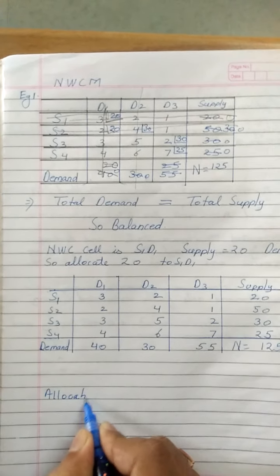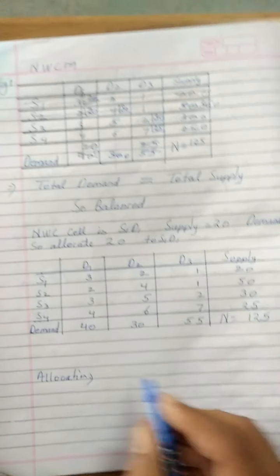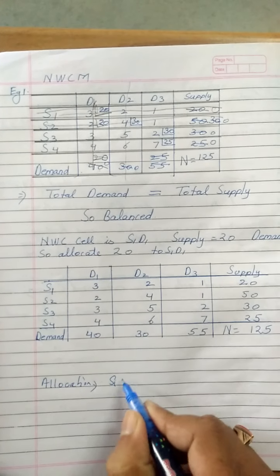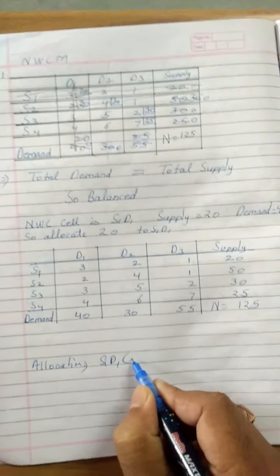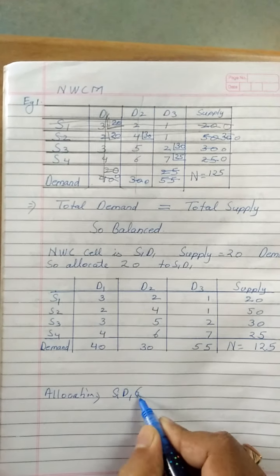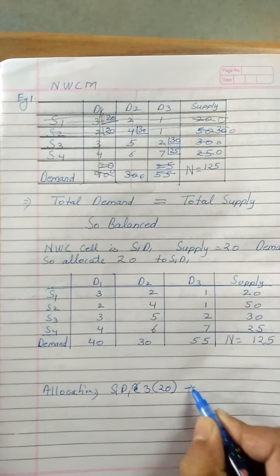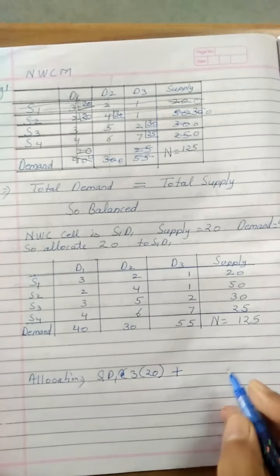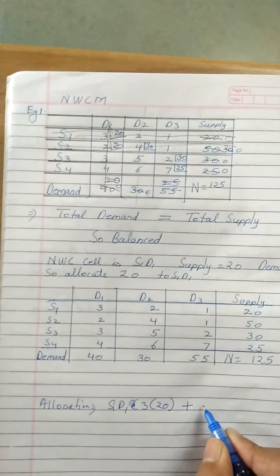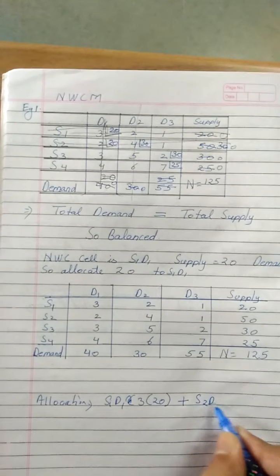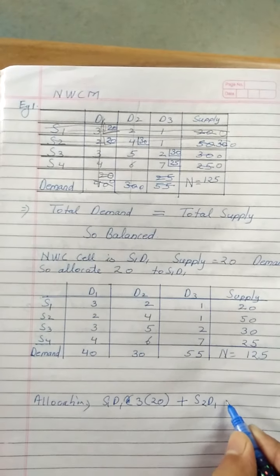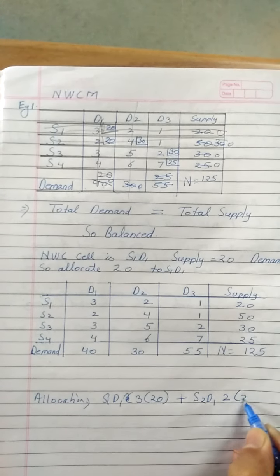We can write as, first allocation is S1 D1. Its cost is 3, units are 20. Plus second allocation is S2 D1. Its cost is 2, units are 20.